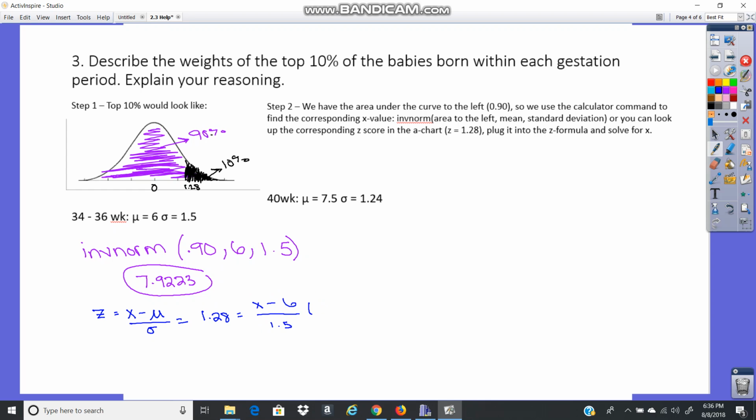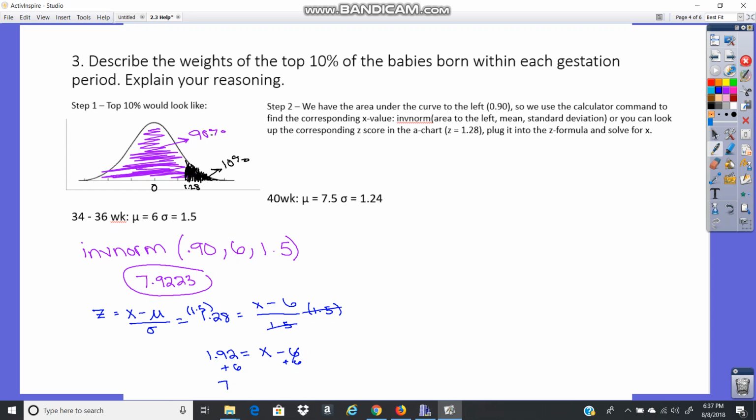We would multiply both sides by 1.5. So 1.5 times 1.28 gives us 1.92. These would cancel. We have x minus 6, add 6.